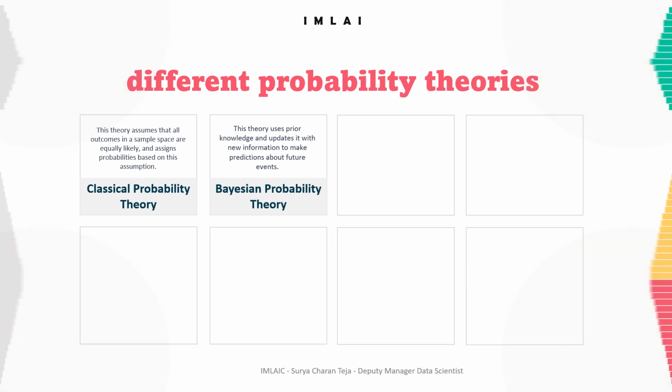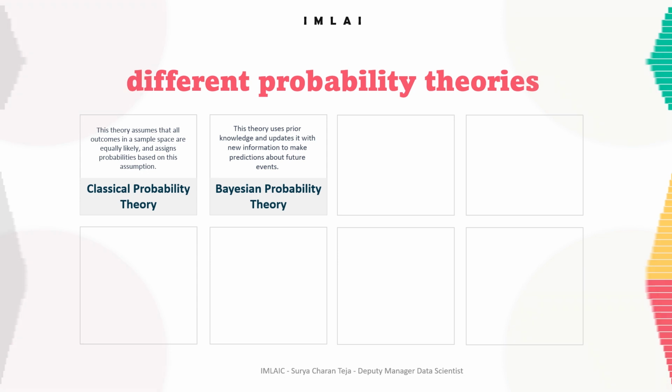Very, very important. We're going to see Bayesian probability theory in depth. We'll be taking a lot of examples. What this theory does is use prior knowledge, and prior knowledge is nothing but the probability of those events occurring before. It will take the historical data and how many times it has occurred.